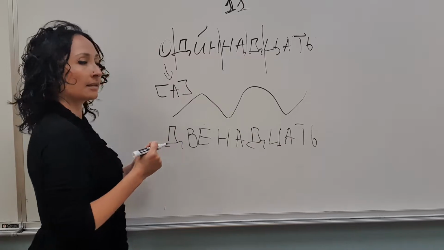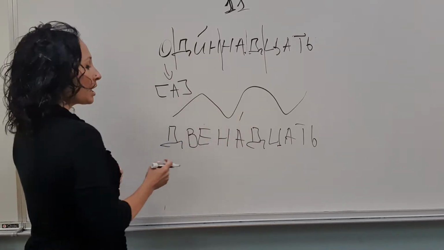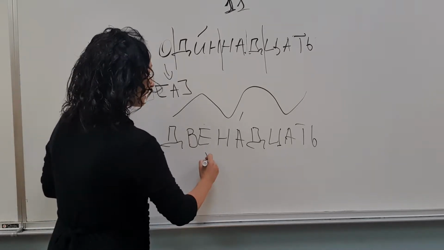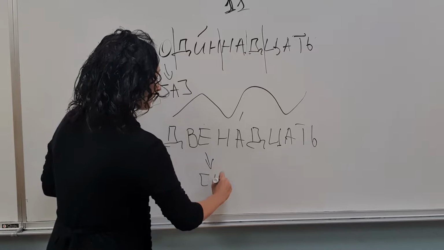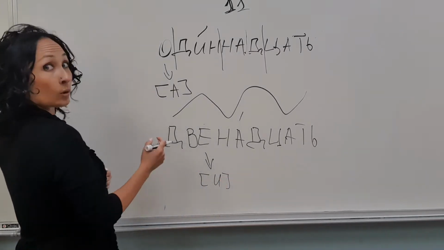12, and realize that it comes here. So what happens to this letter when it is in the unstressed position? It becomes a different sound. So what is the next step?